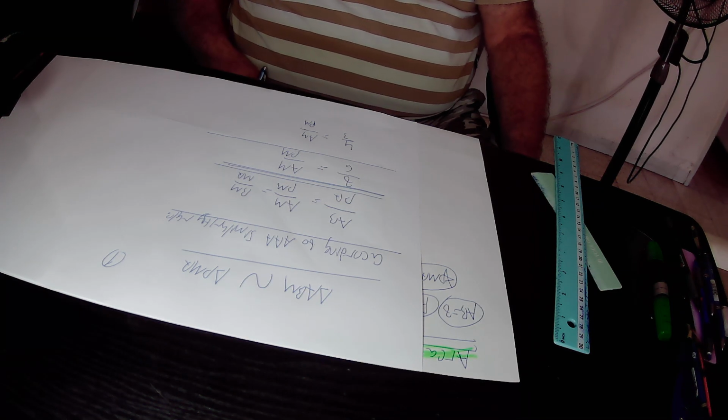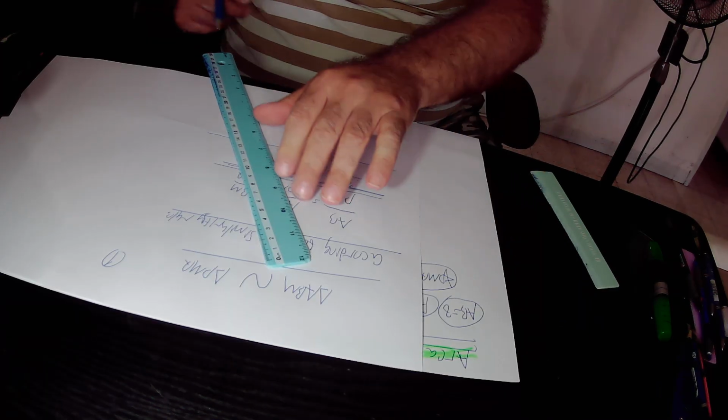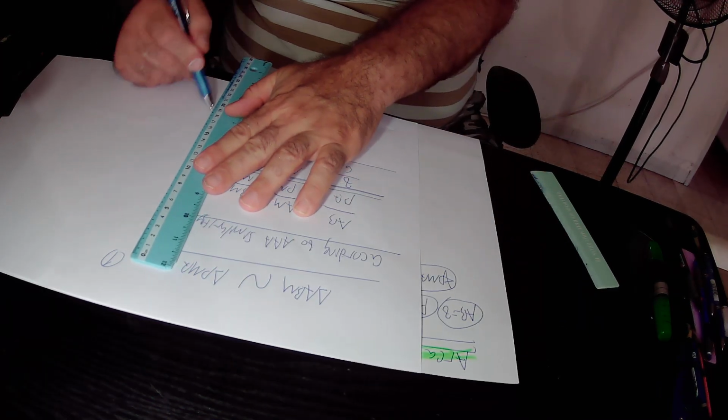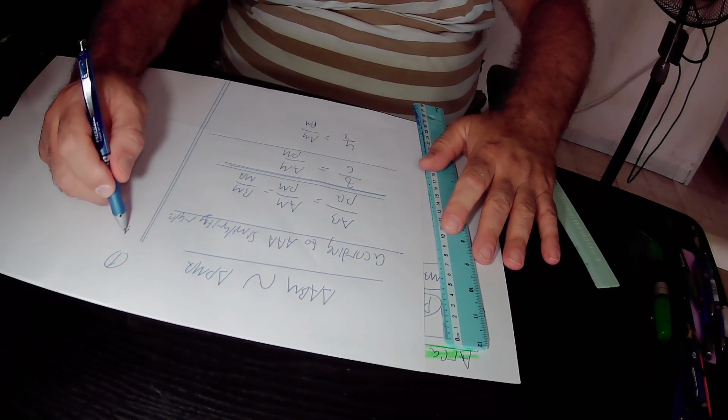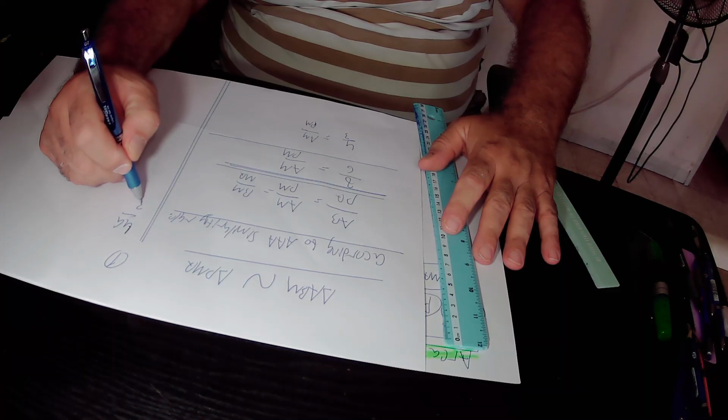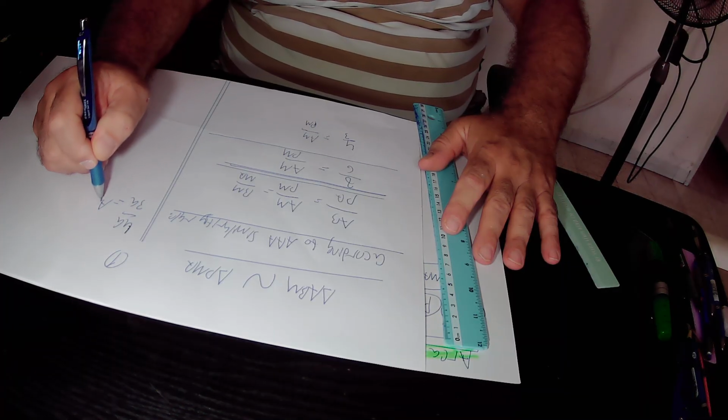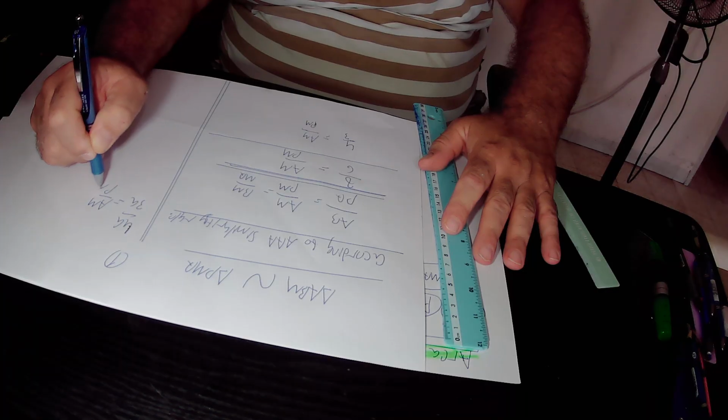By multiplying by 1, you will not change the value of the expression. So the operation is allowable. So we get here that 4A over 3A equals AM over PM.